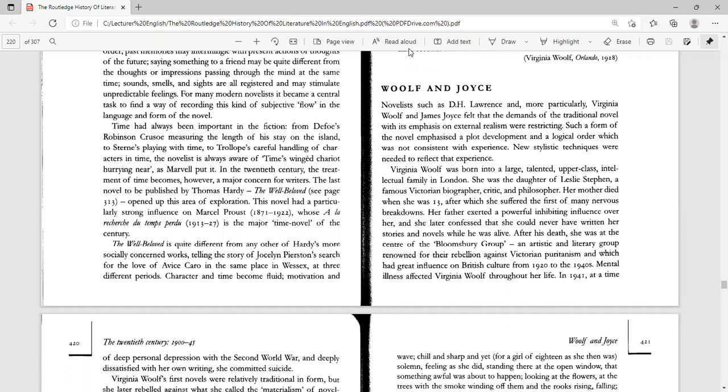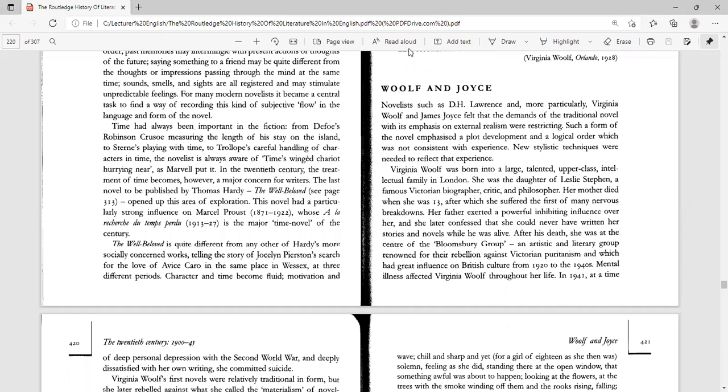Virginia Woolf suffered many nervous breakdowns and was a victim of insanity. Her father exerted a powerful inhibiting influence over her, and she later confessed that she could never have written her stories and novels while he was alive.